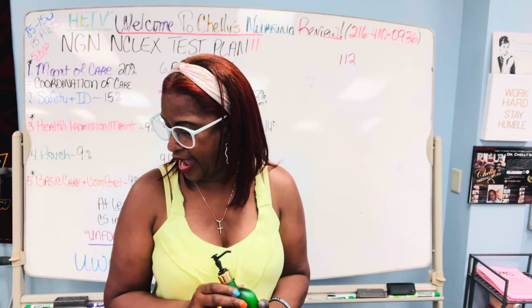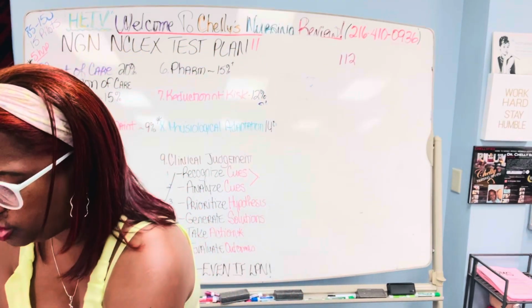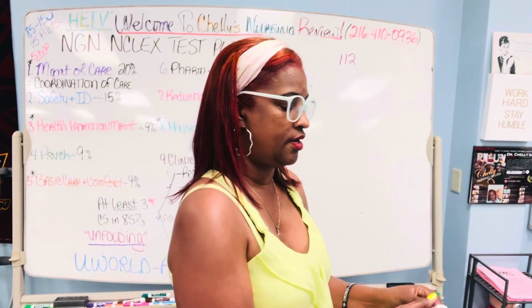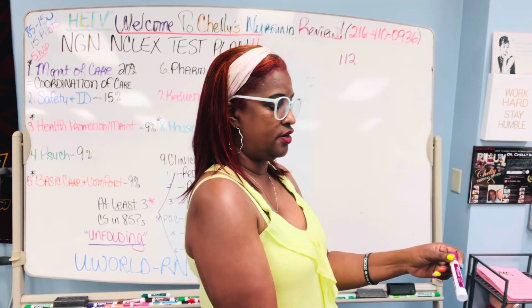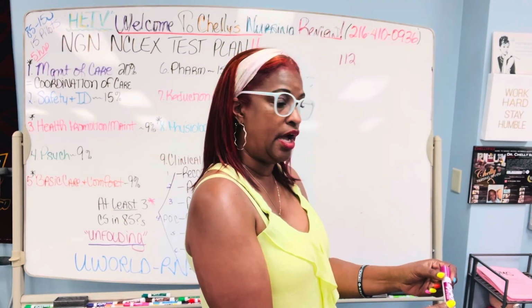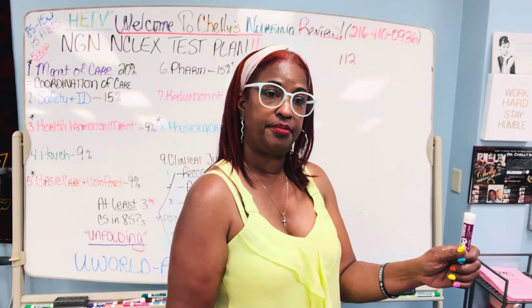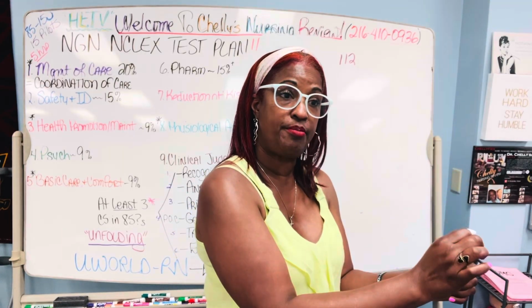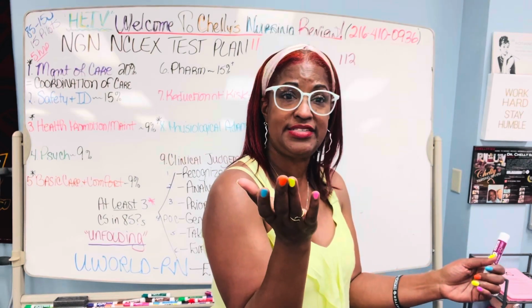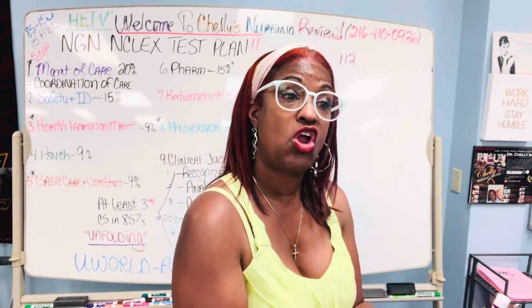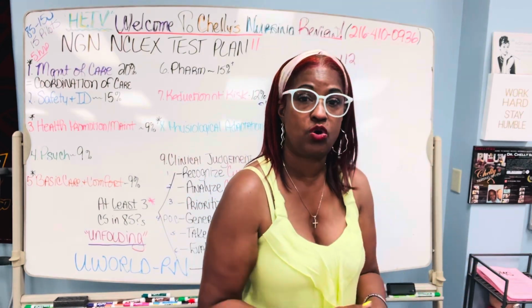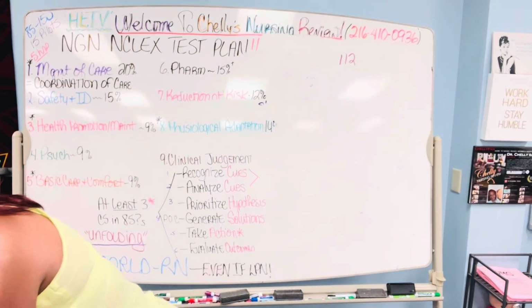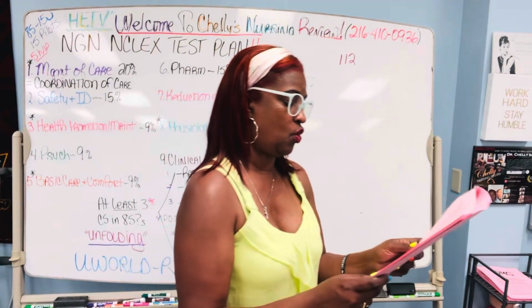When you are inserting a Foley on a guy, you can't just be like, okay, they're laying down, and you're going in. No. You have to hold it straight up. It has to be at a 90-degree angle. It's easier on this gentleman, and it goes in so easy. Even if they have an enlarged prostate, it goes in better. Okay, learn your tricks or turn them. Your choice.